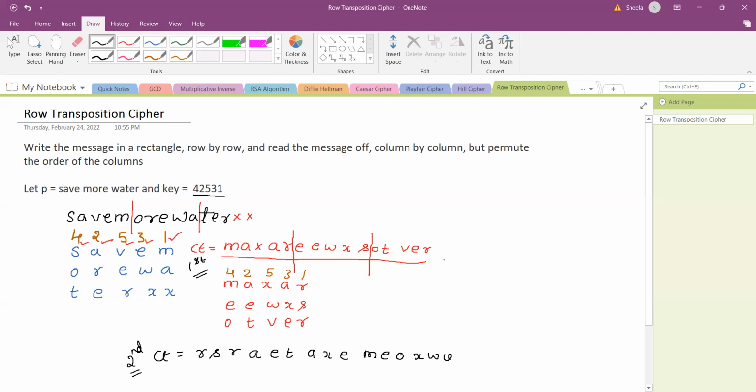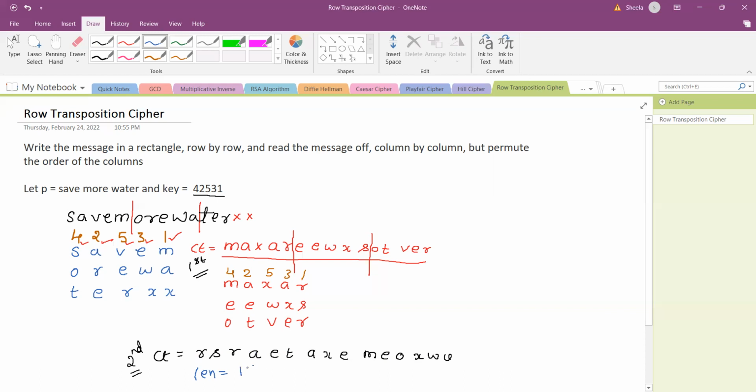Then how to decrypt? While decrypting the message, we see how many columns there are. Since there are 5 columns, first you measure the length of the ciphertext. The length of the ciphertext is 1, 2, 3, up to 15.